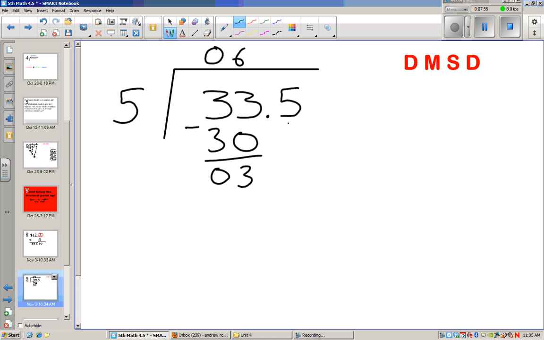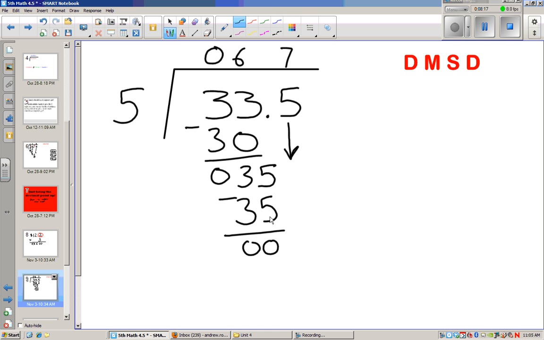Now I bring down, and now I'm going to do 5 into 35. That's my divide part. How many 5s are there in 35? There are 7. 7 times 5, 35. Subtract, and I get nothing.